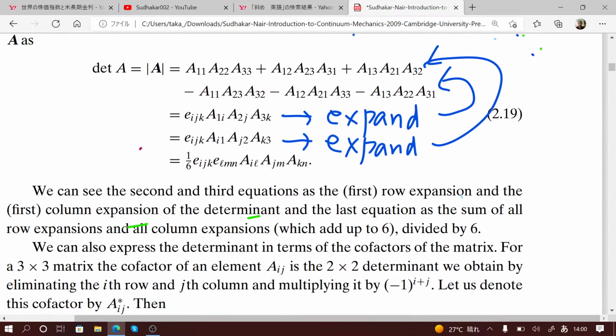We can see the second and third expression as the first row expansion and the first column expansion of the determinant, and the last equation as the sum of all row expansions and all column expansions, which adds up to 6 divided by 6.